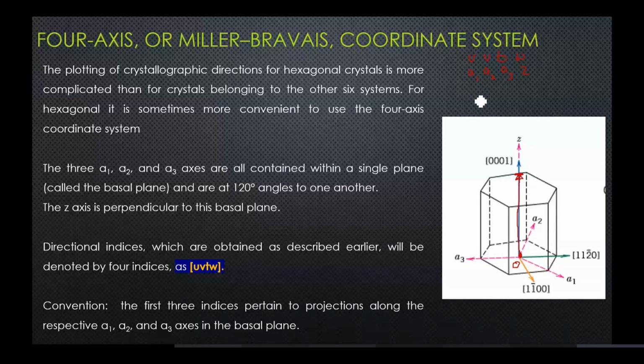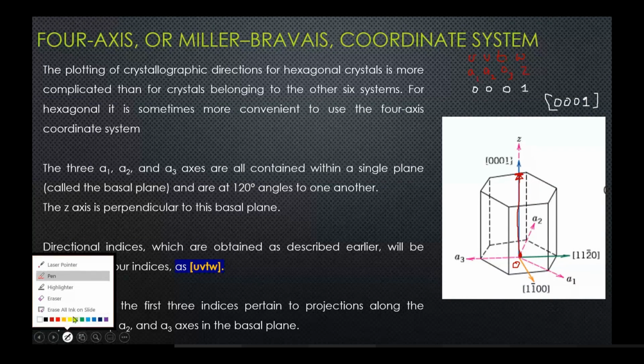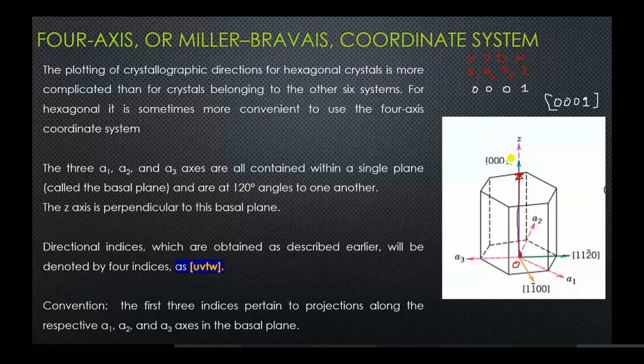For this direction, how much do I have to move along the A1 axis? Sir, 0. Along A2, 0, sir. Along A3, sir, वो भी 0 है. And Z, सर 1. So the Miller or the directional indices would be 0, 0, 0, 1 as it is written over here. Clear? Yes, sir.